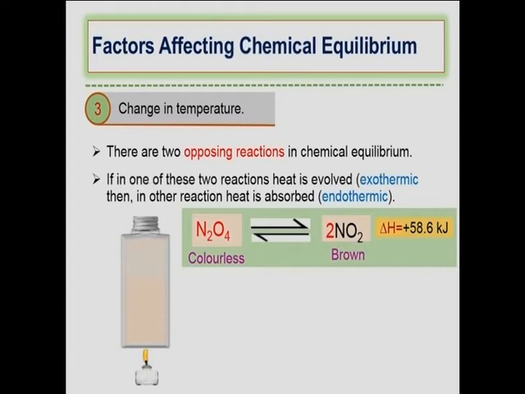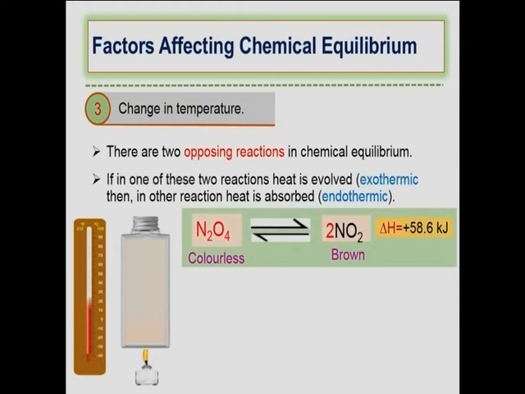So just now you can see the brown color because of that nitrogen dioxide. Now let's try increasing the temperature. Since the reaction is endothermic, if we increase the temperature, it favors more production of the brown nitrogen dioxide.